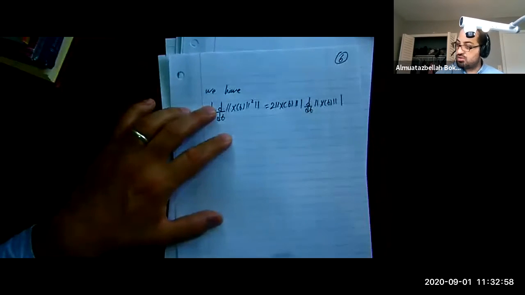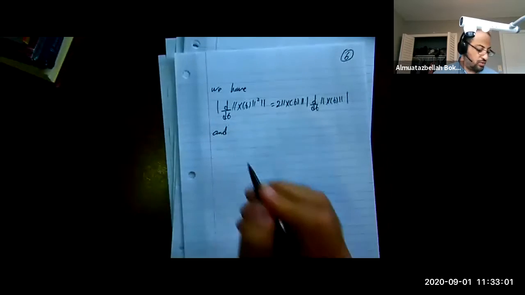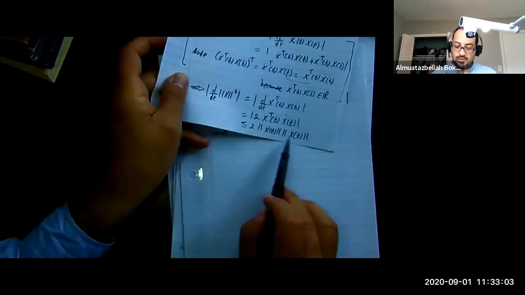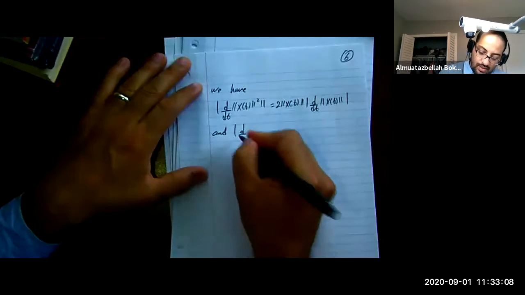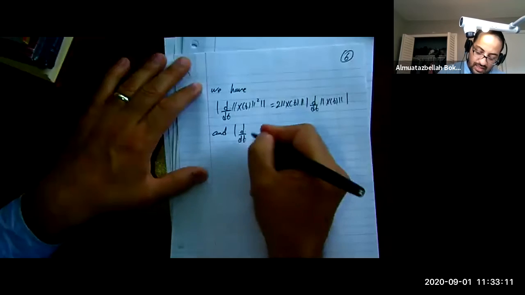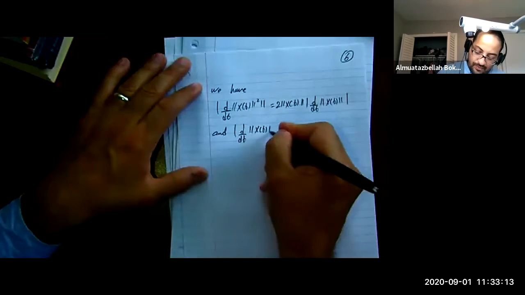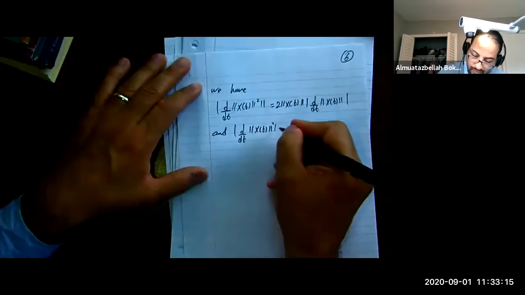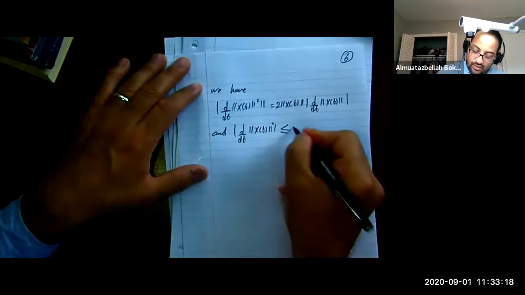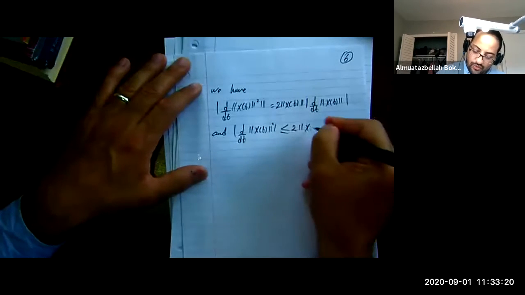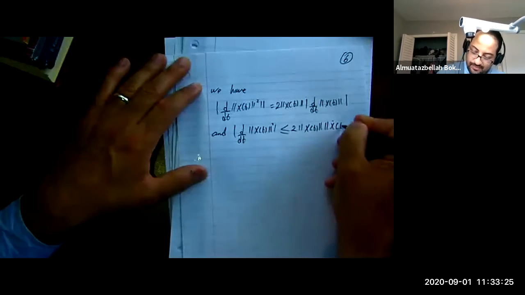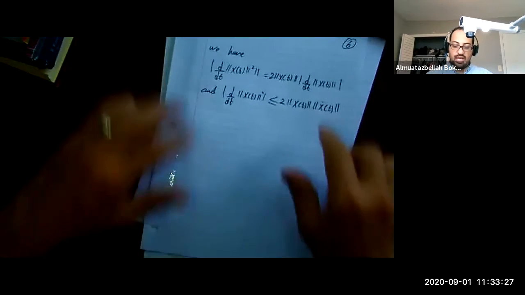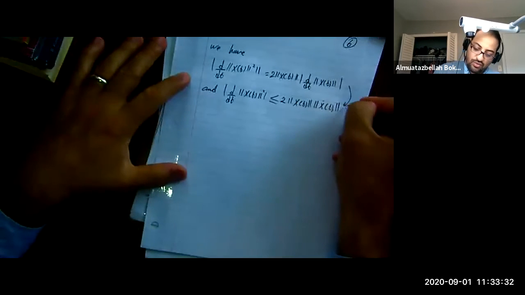We also know, we just showed this, that the magnitude of d over dt of the norm of x of t is less than or equal to 2 norm of x of t norm of x dot of t. Okay, so we have these two now. Now you can compare these two together.